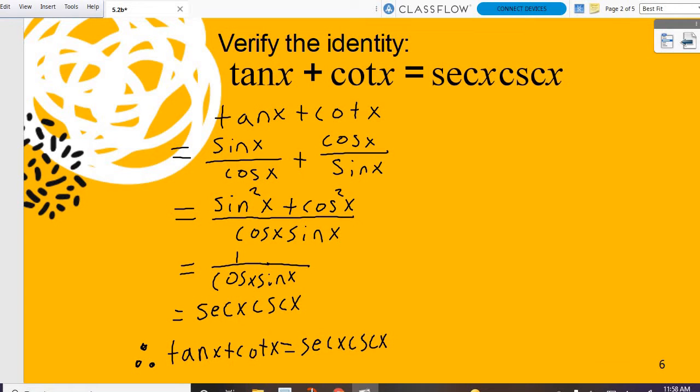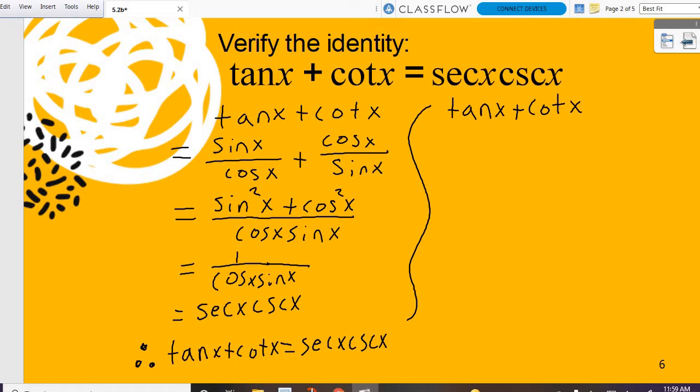Now, if we wanted to approach this a different way, is there another way that I could rewrite tangent or cotangent? Probably. There is. Using one of our identities. So what other identity has tangent or cotangent?